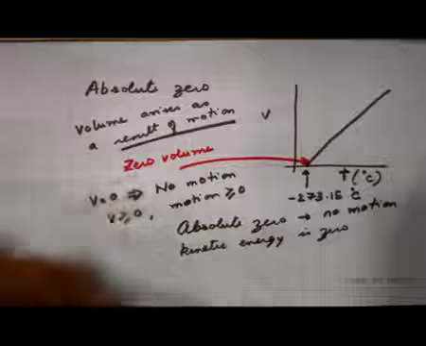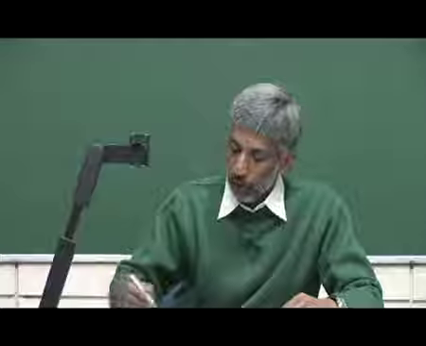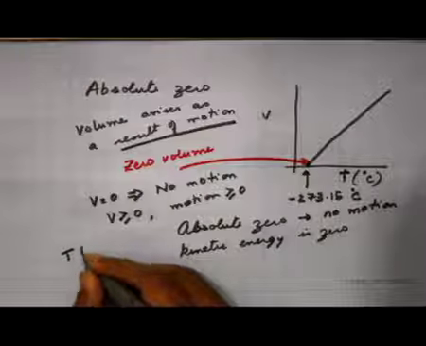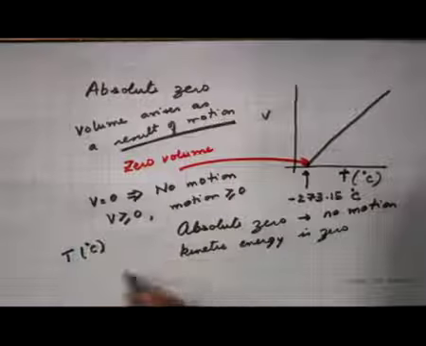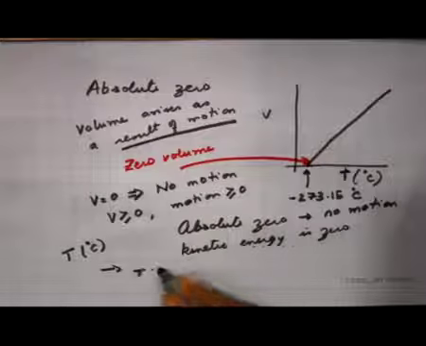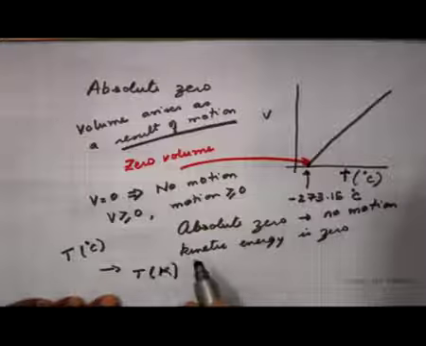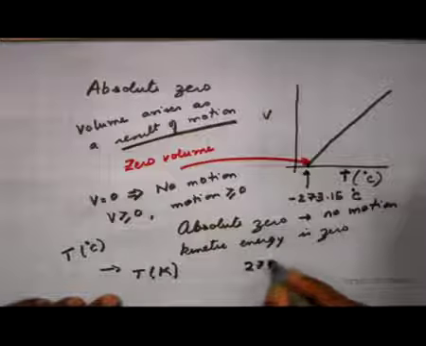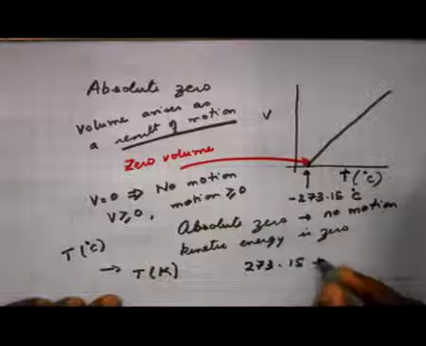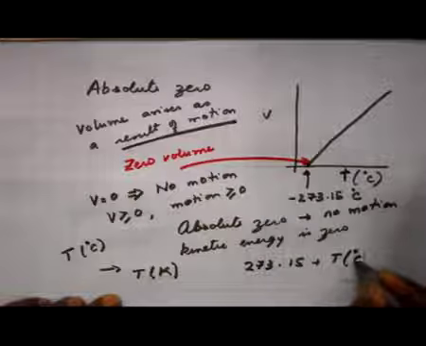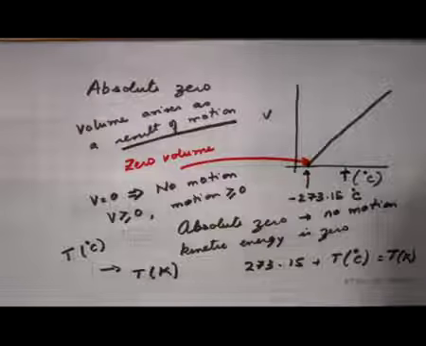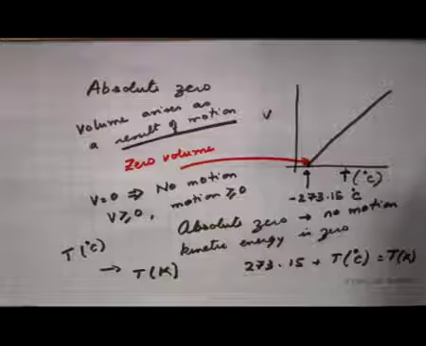So, effectively, for practical matters, if you are given temperature in degrees Celsius and you have to go to temperature in Kelvin, we add 273.15 to the temperature in degrees Celsius to get the temperature in Kelvin. That is for practical matters, but there is a deep physical significance.